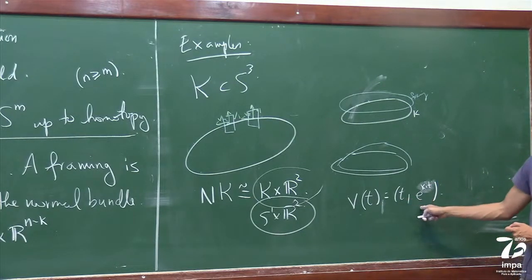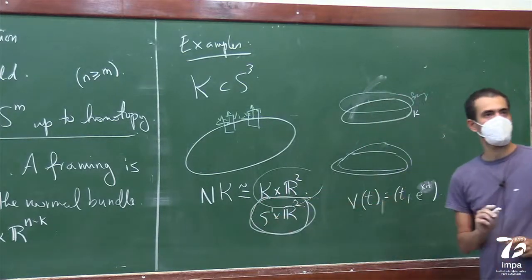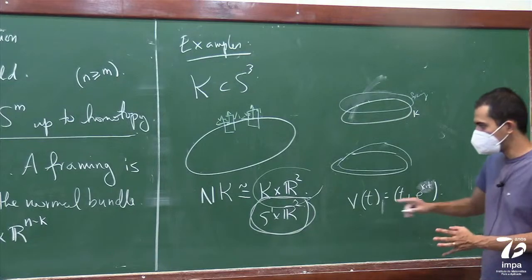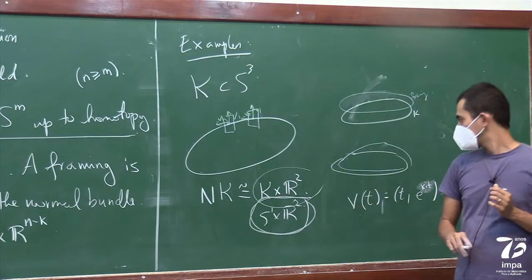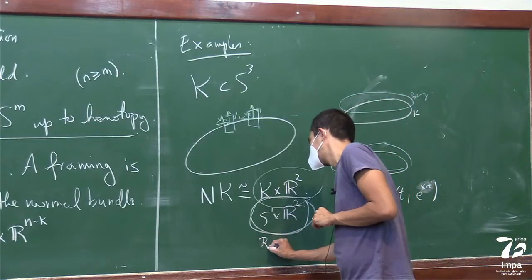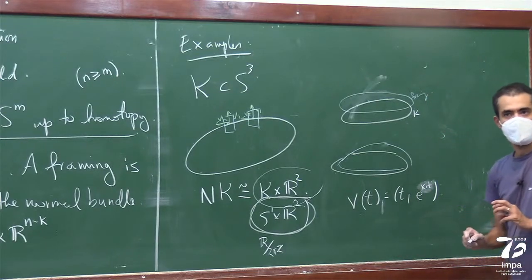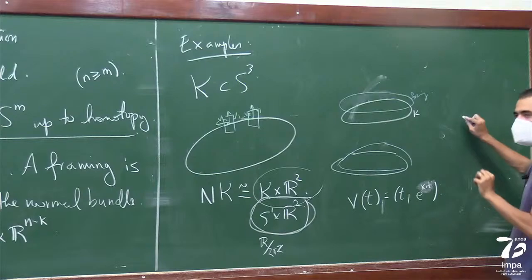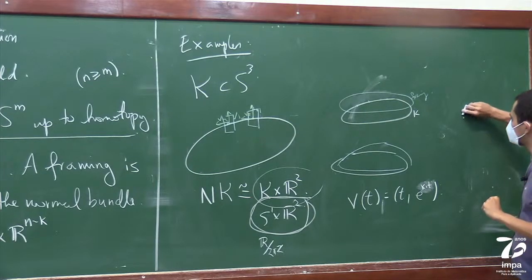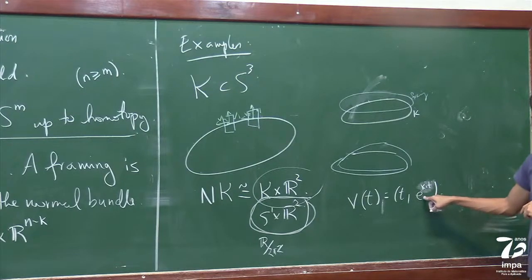So I'm writing this vector field in these coordinates here. Once I have a framing, I have an identification of the normal bundle with S1 times R2, and my S1 I'm thinking of as R modulo 2 pi Z. So then I can choose another vector field. What does it do? As I go around the knot, the vector field is turning K times, because I put a K over there.